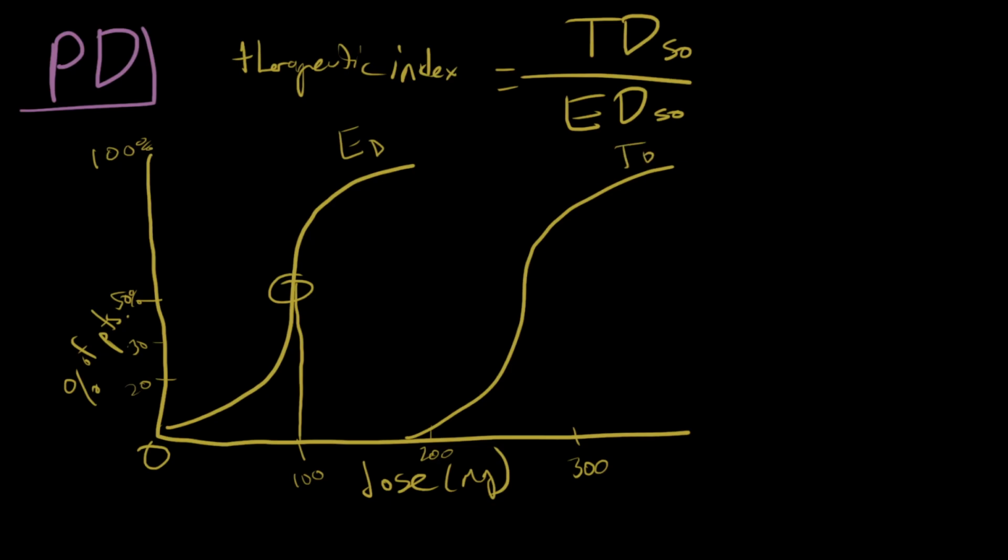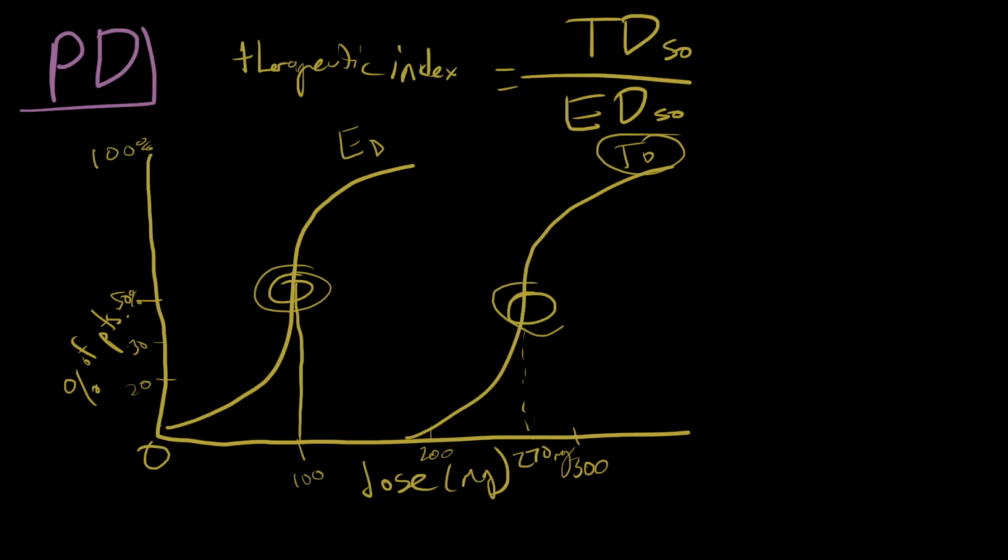At the toxic dose of a drug, 50% are here. I meant to make this 300, but let's say this is like 270. So here, at 270 milligrams, 50% of patients will show a toxic response. So they'll show a toxic side effect. Meanwhile, here, 50% of patients will show the desired effect of a drug.